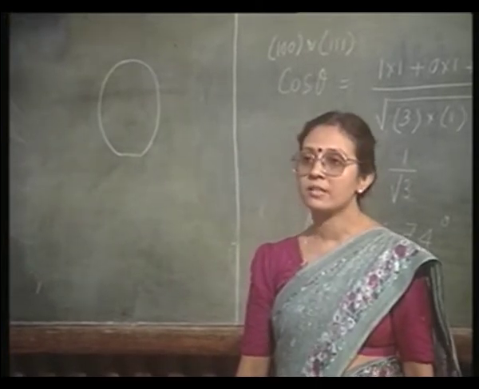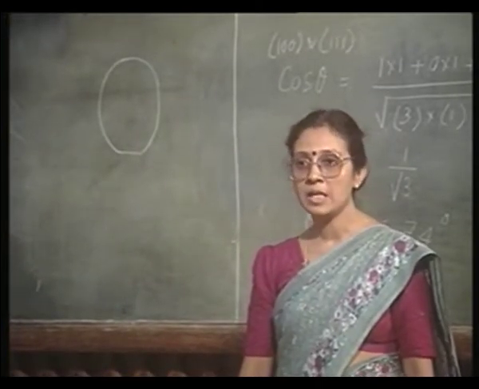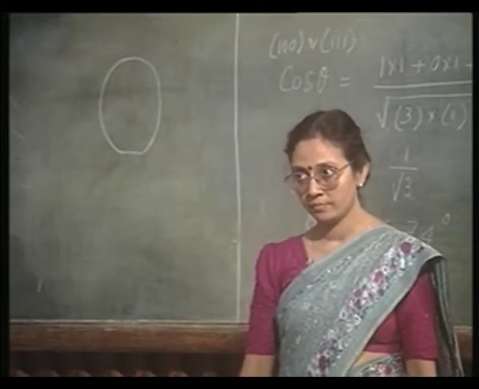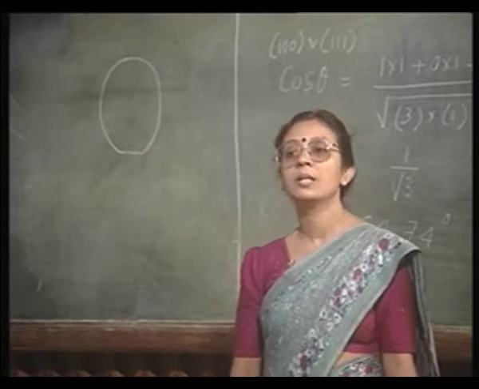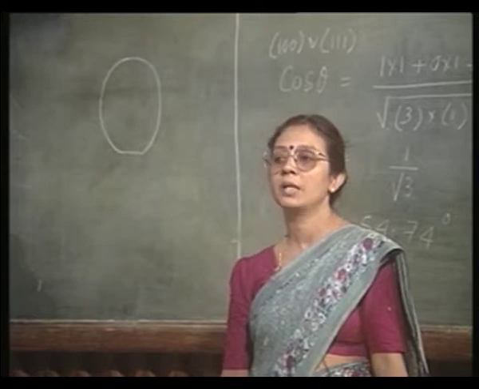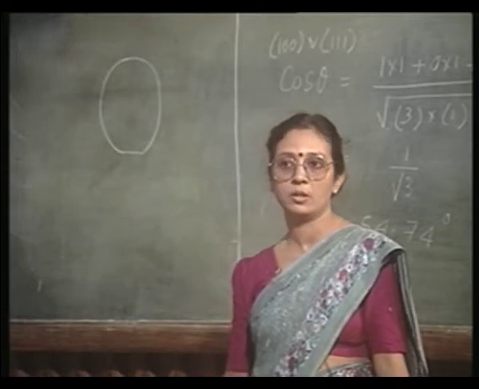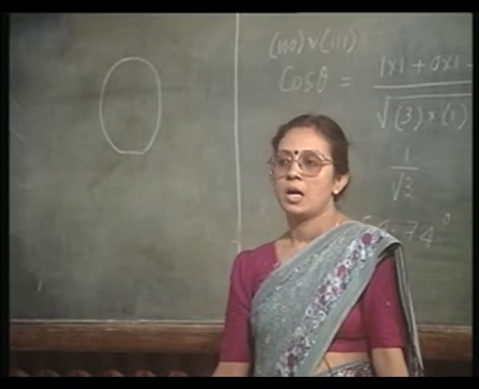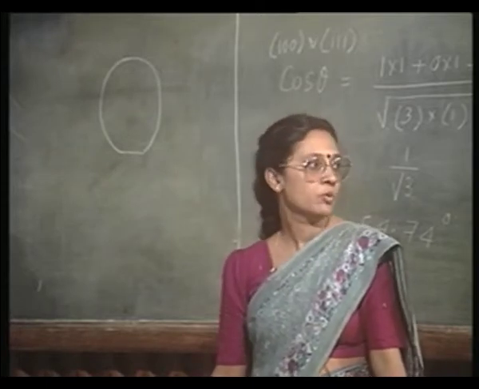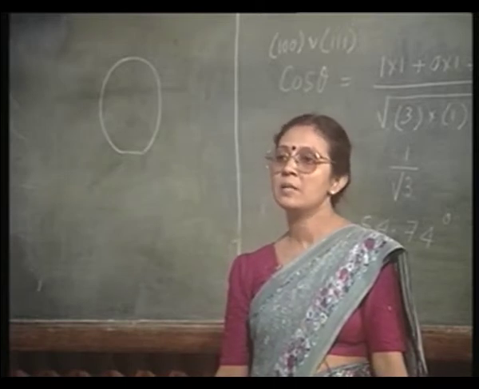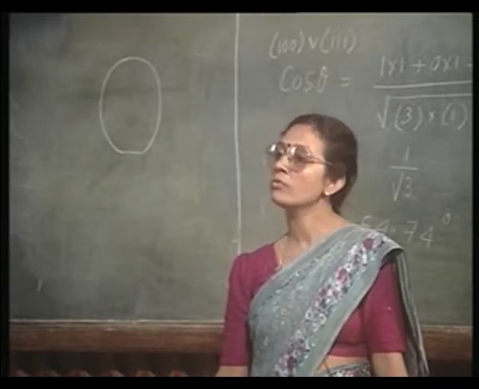So, the surface 1 1 1 plane must meet the bulk 1 1 1 plane. That is, when I say 1 1 1 plane, I mean a family of such planes 1 1 1 and 1 minus 1 1 or minus 1 1 1, right. Here also, if you work out the direction of the line, you will find that they meet in the direction of 1 1 0.